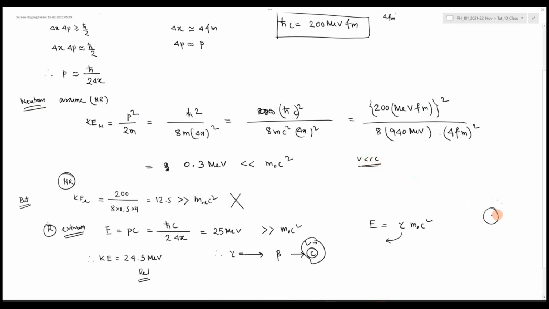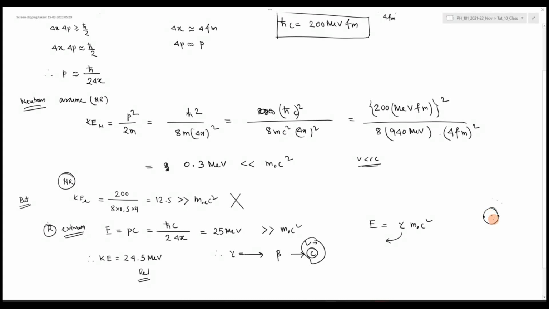So even if we assume that our position is fixed within this nucleus, our neutron will have very less velocity. It can stay inside. But for the electron, if we fix these positions, then the speed of our electron is approximately equal to c. So that's why we are saying that it cannot stay inside this nucleus. It will actually be away.